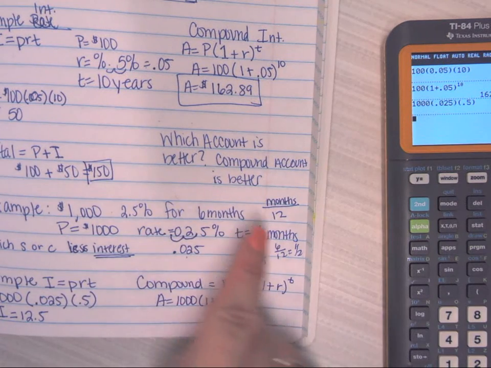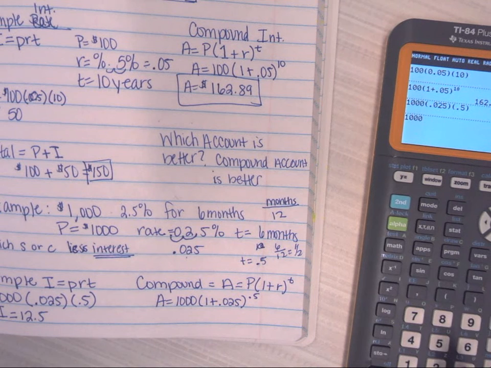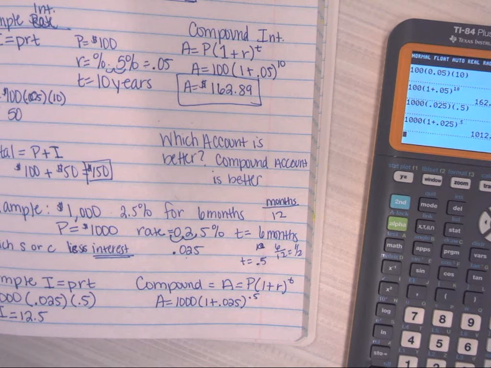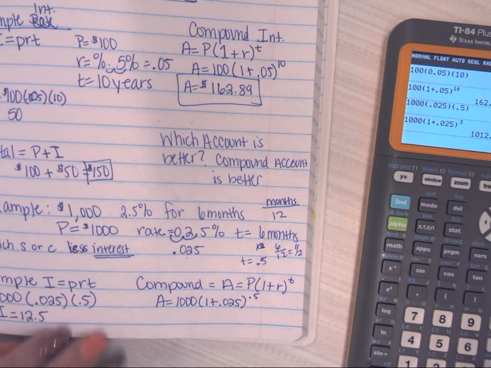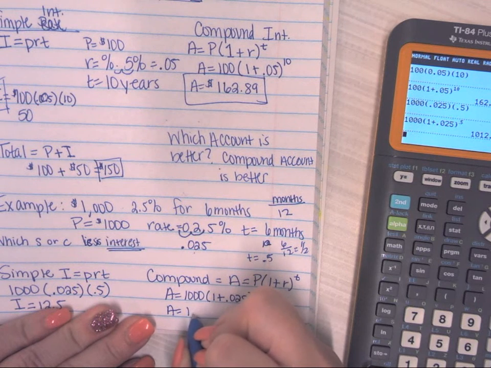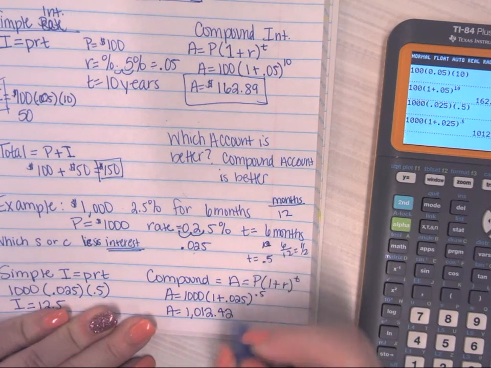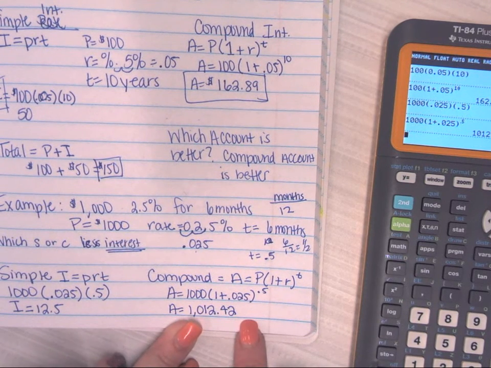We just take those numbers that we found and plug them in. 1,000, parentheses, 1 plus 0.025, close the parentheses, caret 0.5. The amount I'm paying here is $1,012.42, but this is the total amount I'm paying.